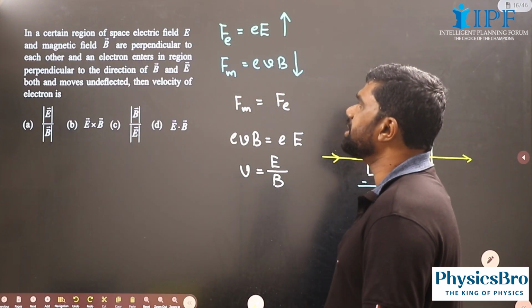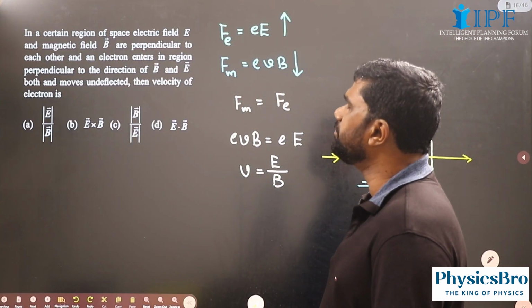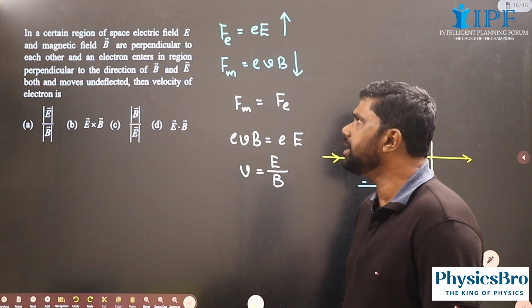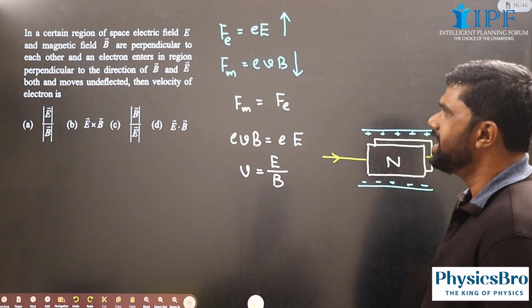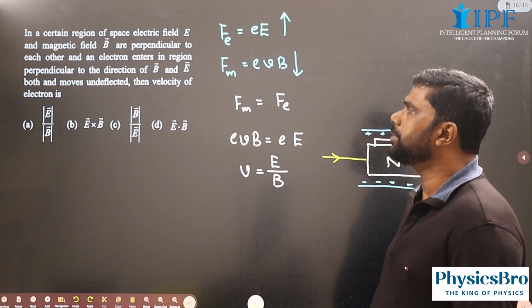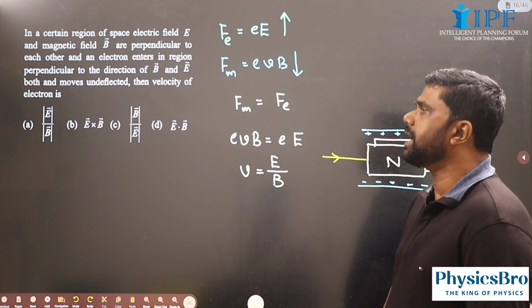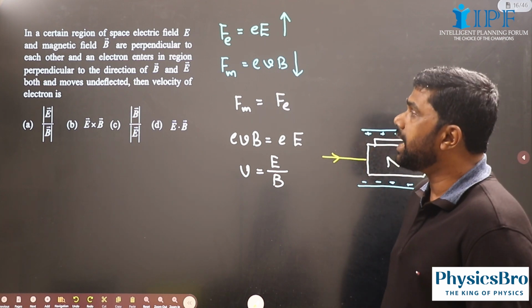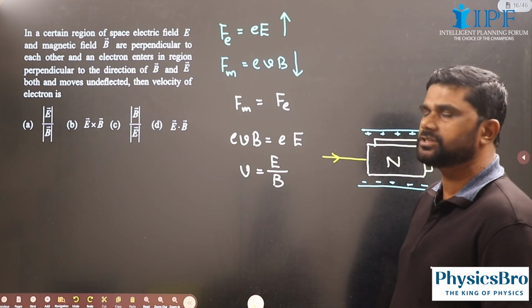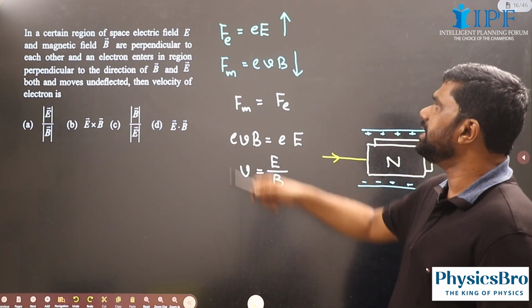Now in a certain region of space, electric field capital E and magnetic field capital B are perpendicular to each other, and an electron enters the region perpendicular to the direction of both B and E and moves undeflected. Then the velocity of the electron is?